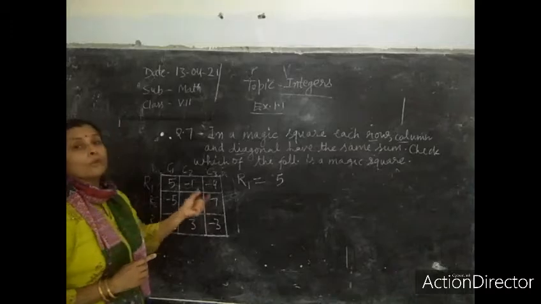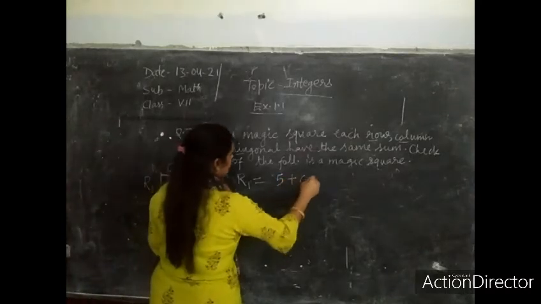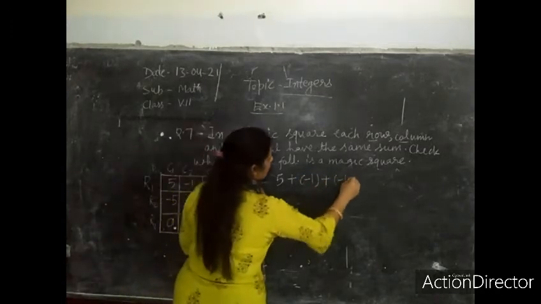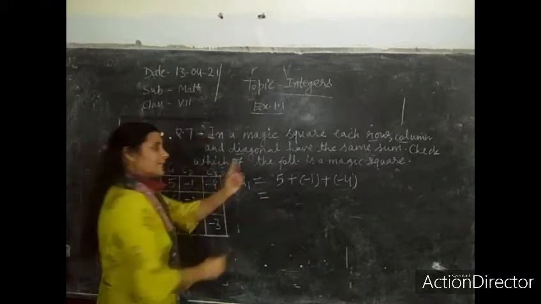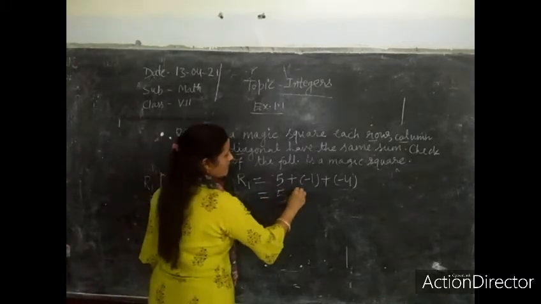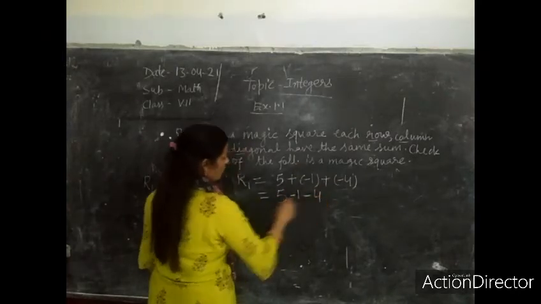In that case, you will not get confused. So 5 plus (minus 1) plus (minus 4). Now open the brackets: 5 plus minus becomes minus 1, plus minus becomes minus 4.